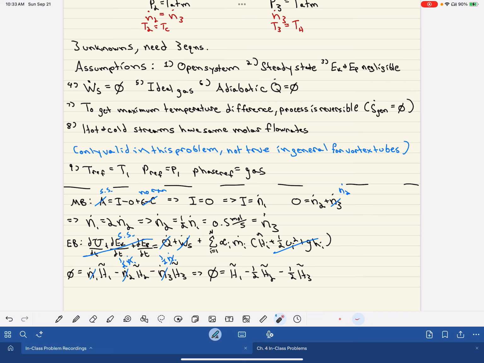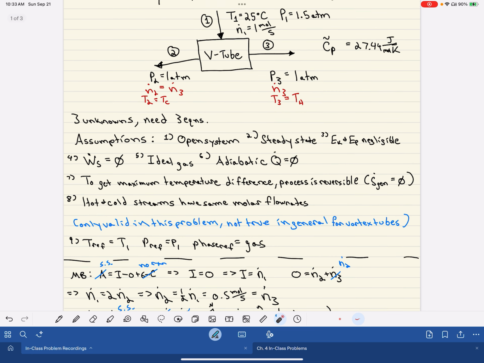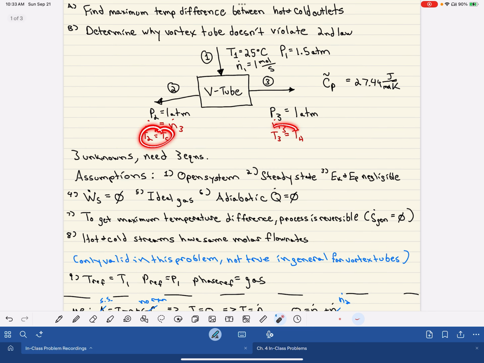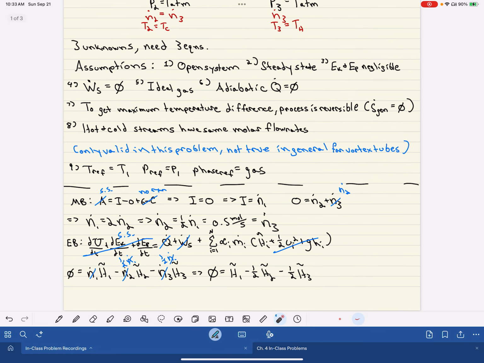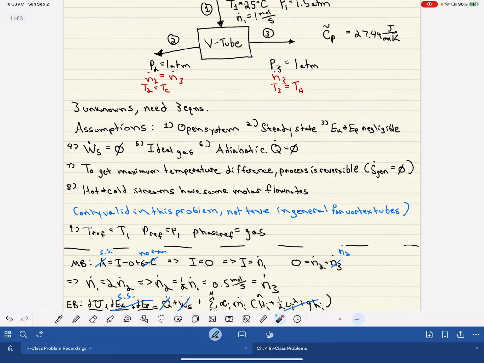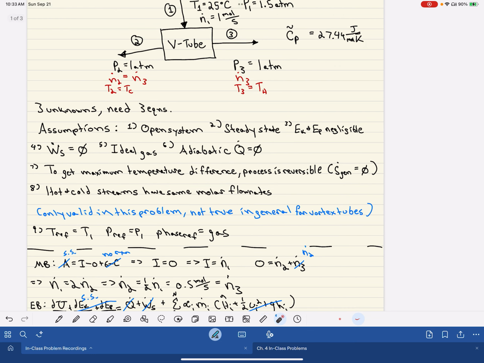Now, one of our main goals is to figure out what these temperatures are. And so we need to relate our enthalpies to temperatures. We're going to do that just by using the constant pressure heat capacity.